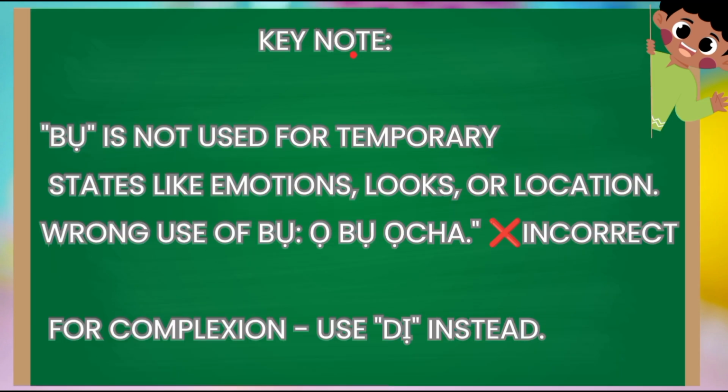Keynote: bo is not used for a temporal state like I've mentioned. Emotions, looks, or location. Wrong use of bo or bocha, which is he or she is fair. No, you say odi or cha instead.